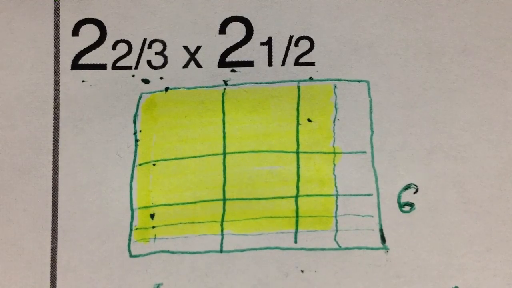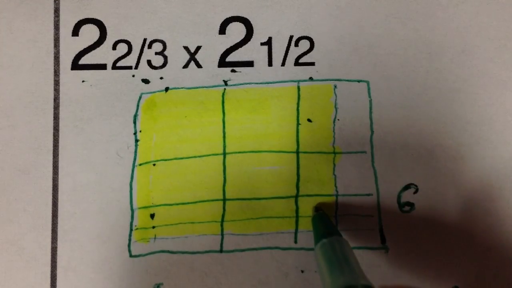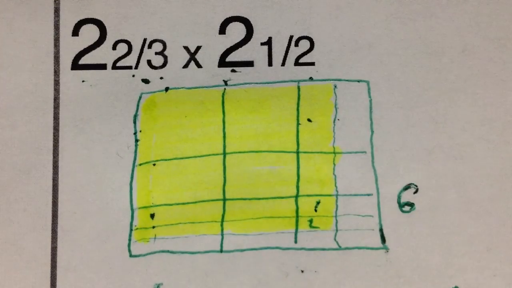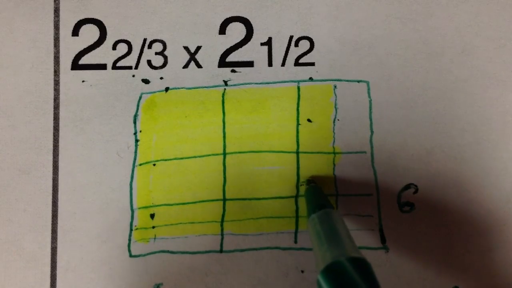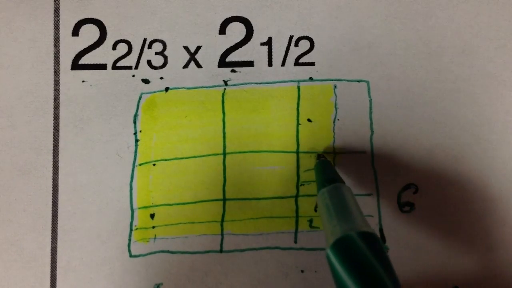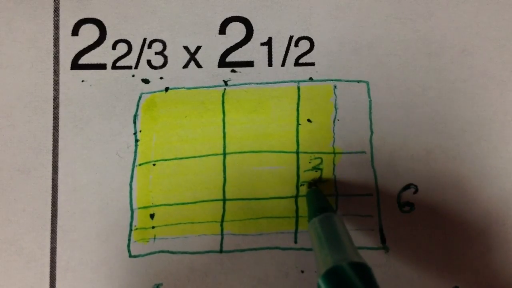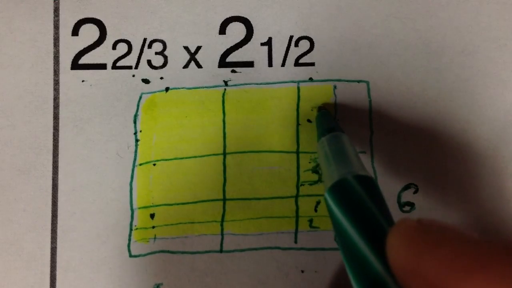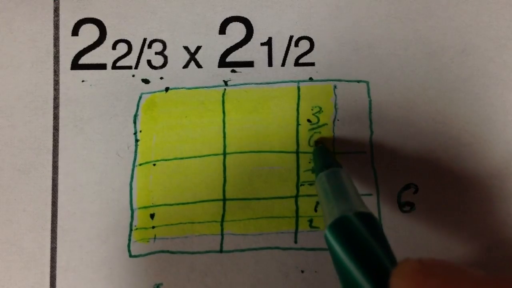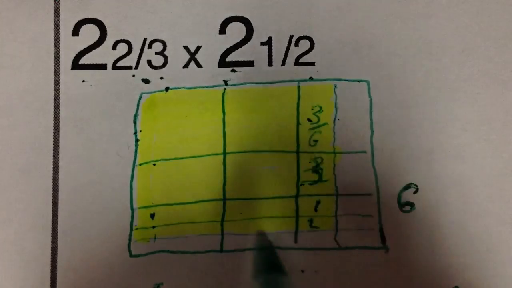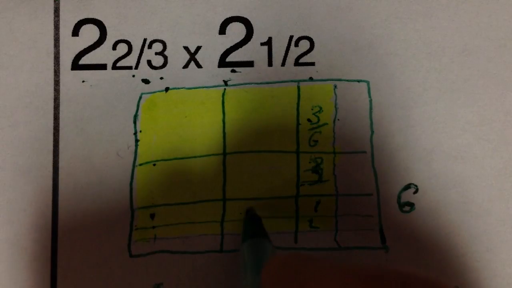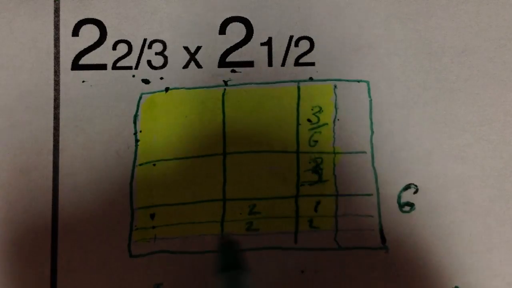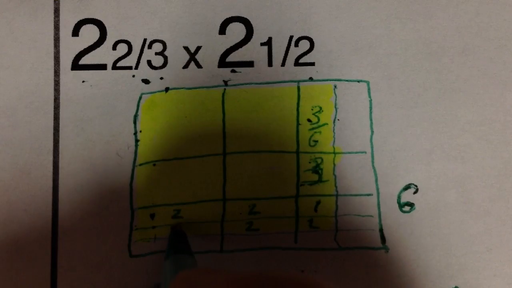Now, how many sixths are shaded yellow? Well, I have 1, 2 of them there. These halves are each 3/6 because 1/2 is equal to 3/6. These thirds are 2/6 because 1/3 is equal to 2/6.